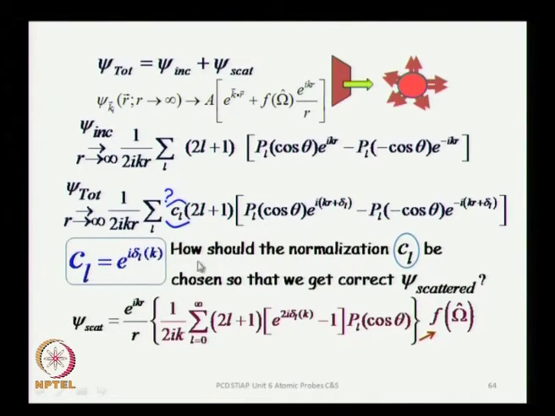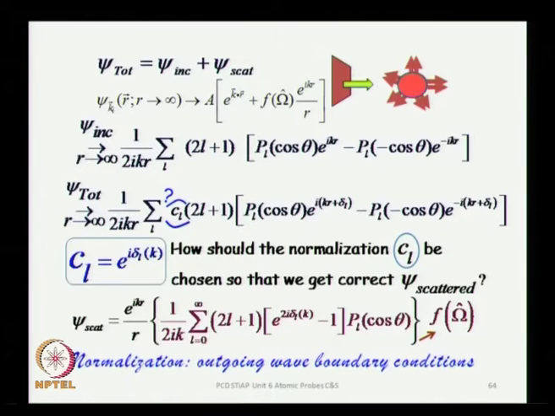Now notice that the value of C will also affect the normalization. So when you make this choice, you often say that you have normalized the solution according to the outgoing wave boundary condition, because that is what you have in your scattered part. In the scattered part you have only a spherical outgoing wave.